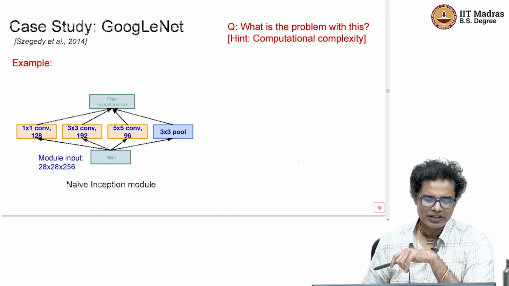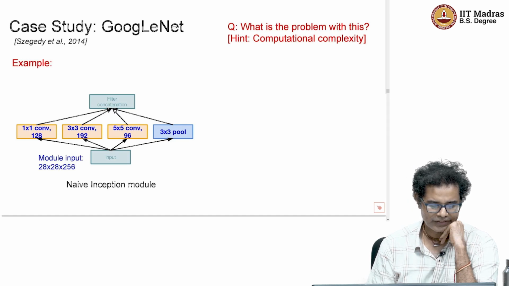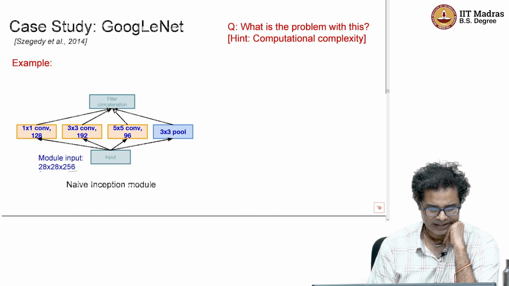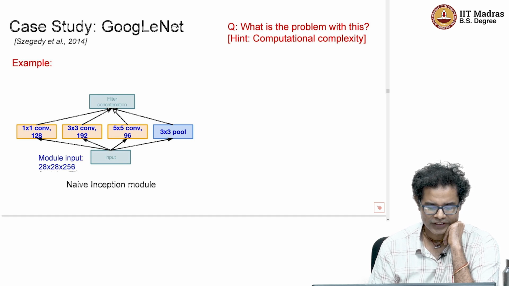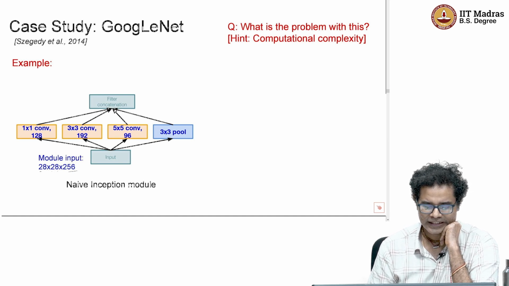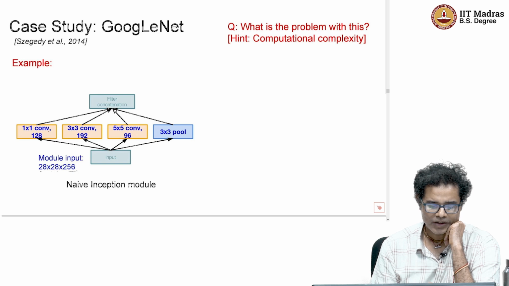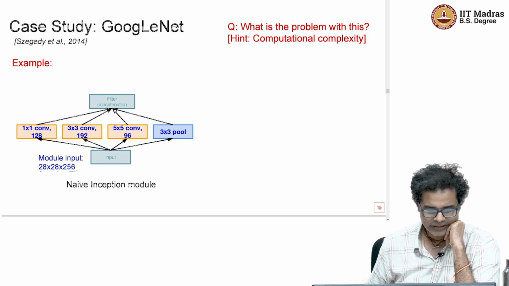For example, let's consider that we have input which is 28 cross 28 cross 256 channels. And let's say we have these filters: 1 cross 1 convolution with 128 such filters, 3 cross 3 convolution with 192 such filters, 5 cross 5 with 96 filters, and 3 cross 3 pooling. Now what will be the output size for each of them?